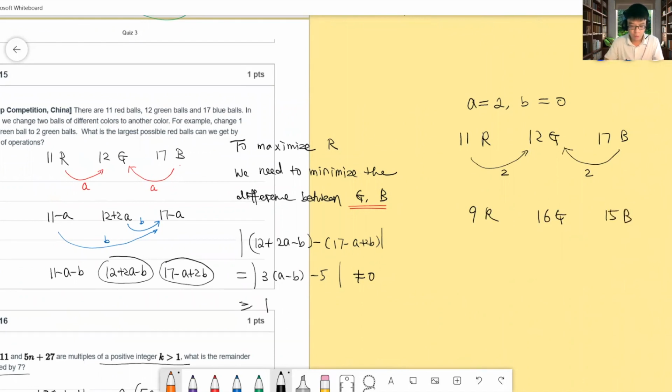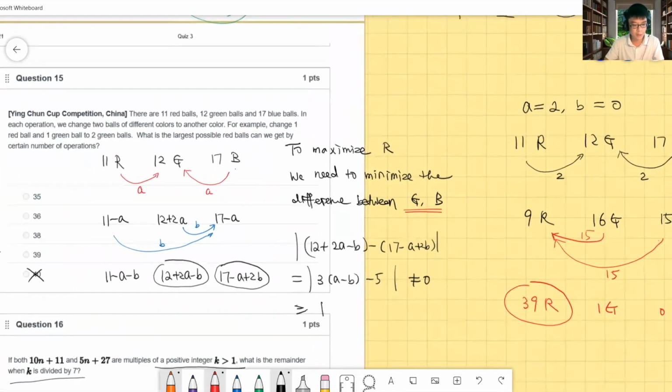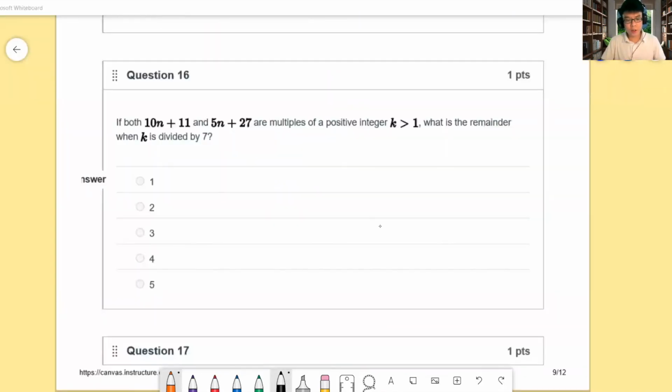And next, we change the green and blue balls into red balls. This can be done 15 times because we have 15 blue balls. After that, I have 39 red balls, 1 green ball and no blue ball. So the largest number of red balls equals 39 here. 39 is the answer.